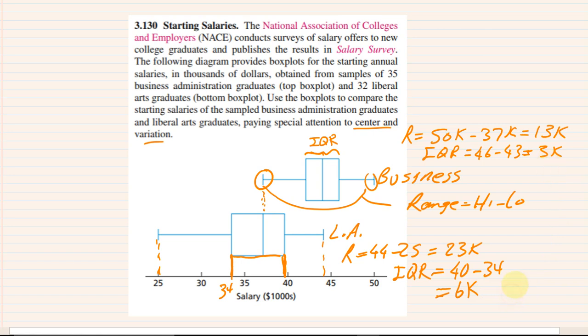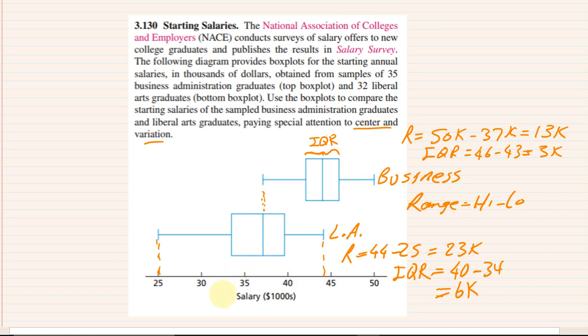So the business majors have an even lower IQR, so the spread of the salaries is less. That means those measures of salaries that we call out are more indicative of what in actuality could happen if you were to go out and look for a job as a business major or as a liberal arts major.